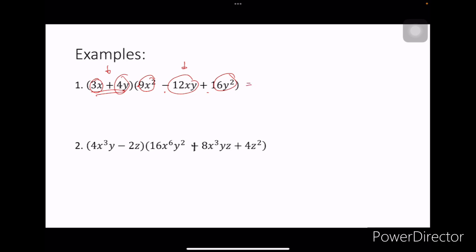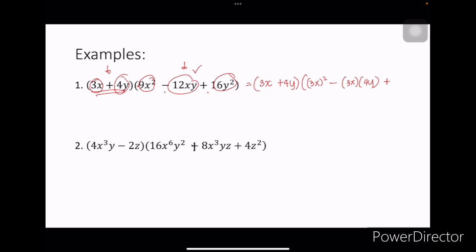So simply, since it's plus, you will have plus as the operation. With that, you just simply do this, instead of getting it immediately, the process of how you come up with the answer. So you have the quantity 3x plus 4y times 3x quantity squared, which is equal to 9x squared, minus 3x times 4y, which is equal to 12xy, and then the square of the last term, so plus.